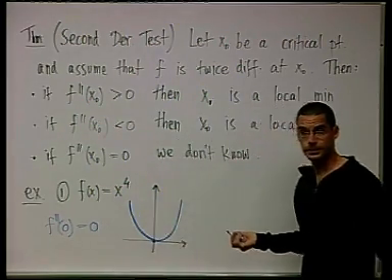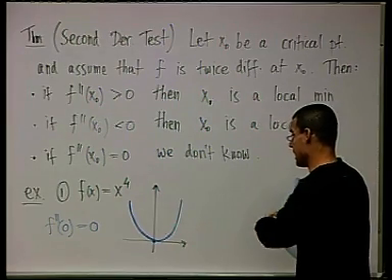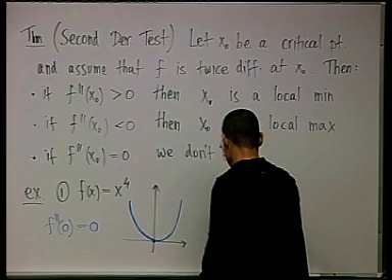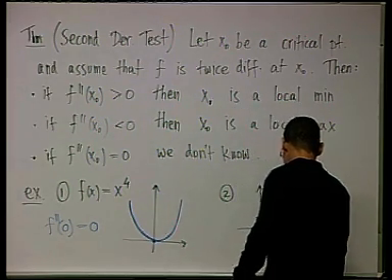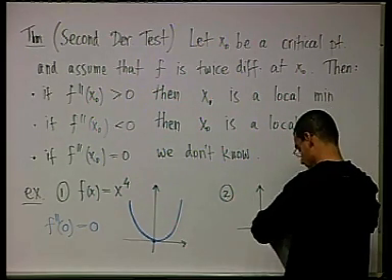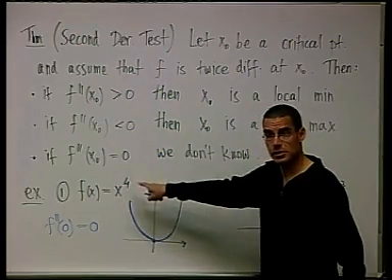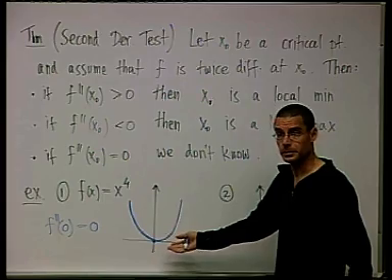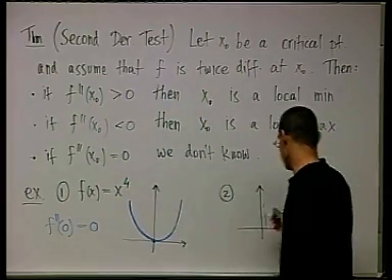It's a minimum, right? If you look, on the other hand, at minus x to the power 4, it would be a maximum, right? It still satisfies this, but it would be a maximum.